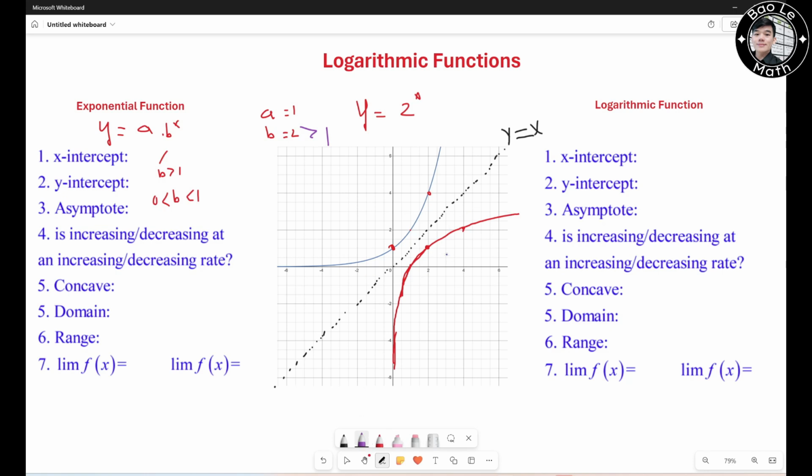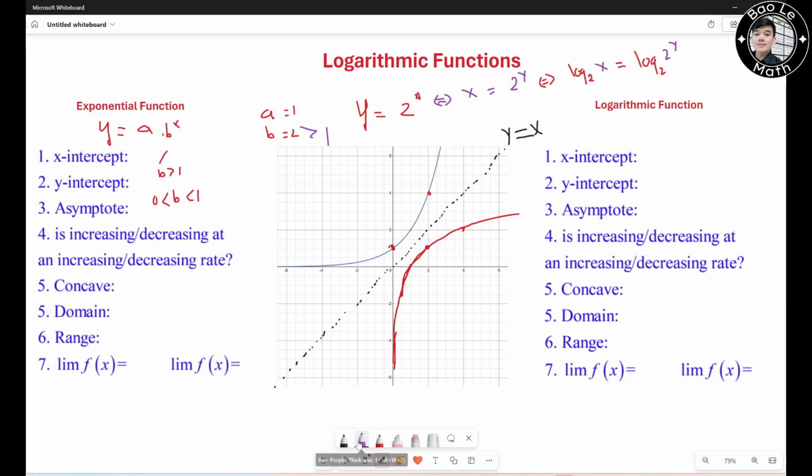Now, in order to find the equation of this logarithmic function, we just take the inverse of this one. How do we do that? We just swap x and y. It's going to be x equals 2 to the y. We see the base 2, so we take log base 2 of both sides. This is the same thing as log base 2 of x equals log base 2 of 2 to the y.